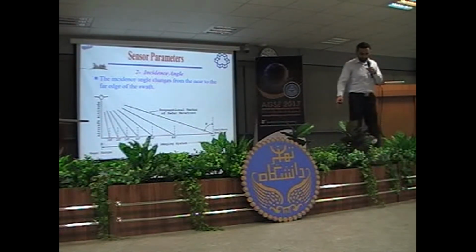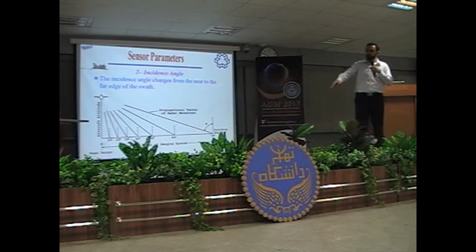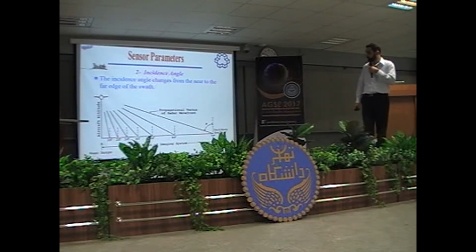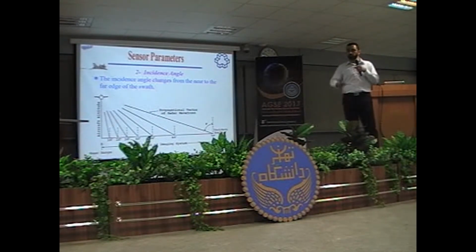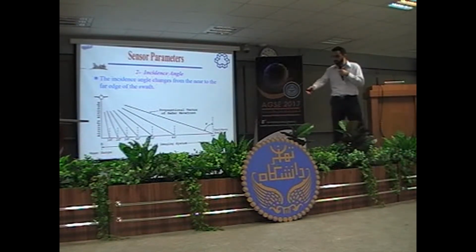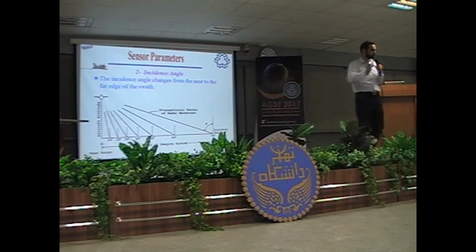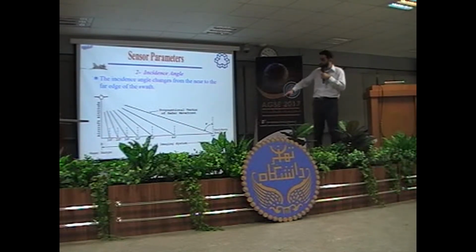It can collect images from maybe 20 degrees up to 45 degrees in case of the aircraft. But when we are using spaceborne remote sensing, the difference is not that big, like 2 degrees difference between the near range and far range. For example, RADARSAT can collect between 28 to 29, or 30 to 32, whatever, just 2 degrees difference in one image, not a large variation in the incidence angle.